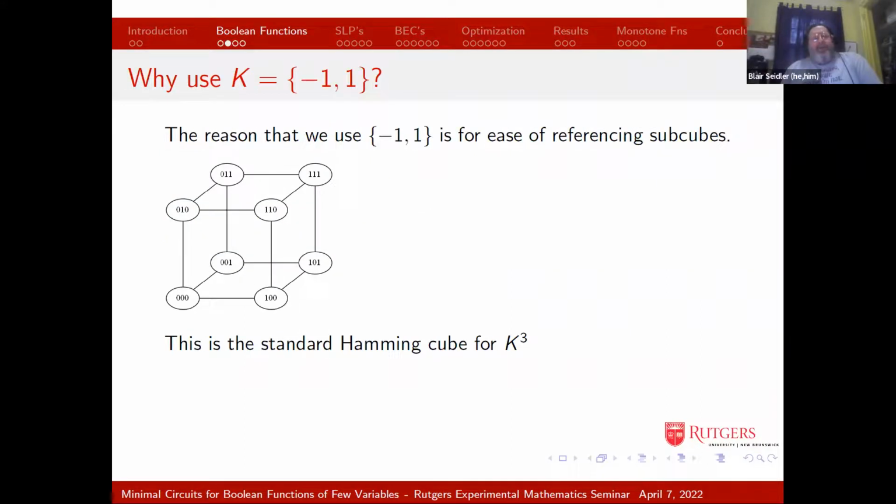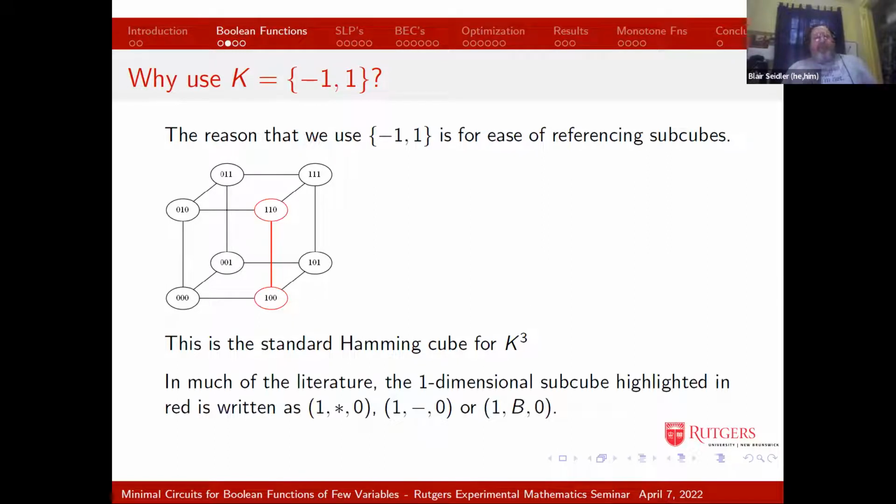Here's the reason why we do that. This is the standard Hamming cube for K3, and everything is labeled with 0s and 1s. I think everybody's seen this picture a bunch of times. But if you want to talk about subcubes of this thing, here's a 1-dimensional subcube. In most of the literature, they'll talk about this as 1 star 0 or 1 dash 0 or 1B0 in a paper that I read recently.